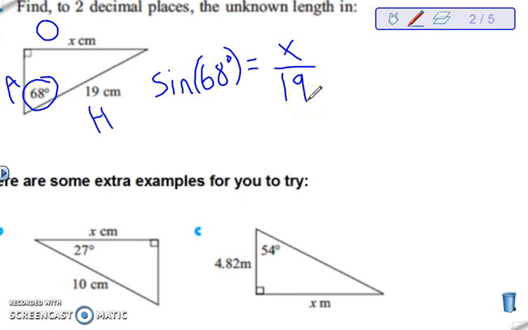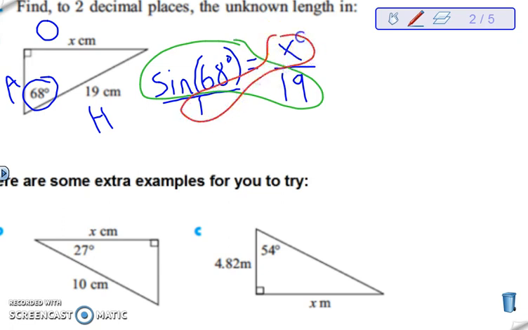And now I just solve it like an equation, right? And if you're having an issue seeing what goes where, rewrite the sine over 1 so that we have a proportion. And then we're just going to use cross multiplication.